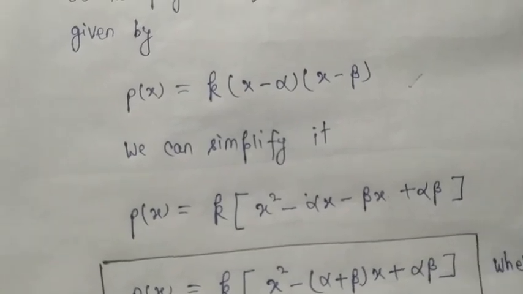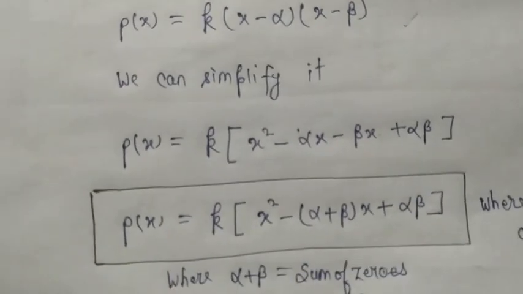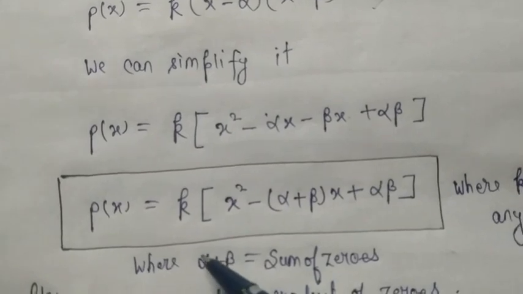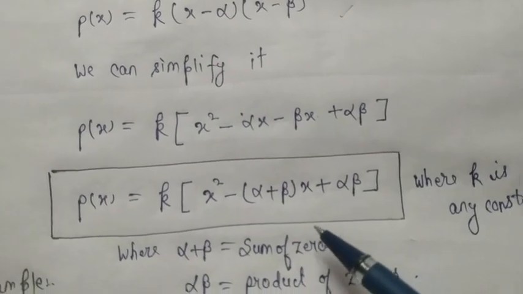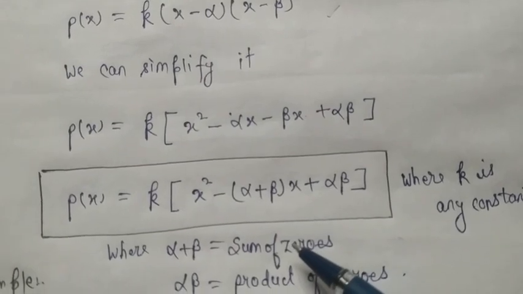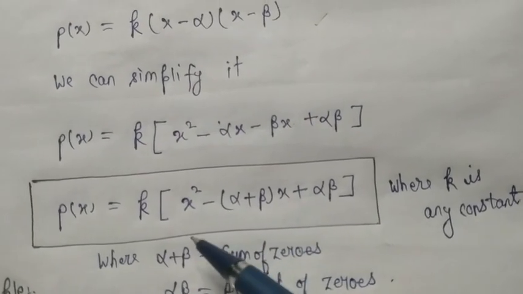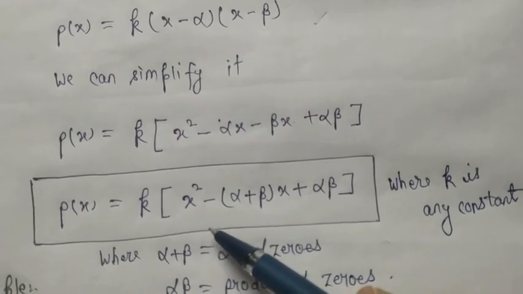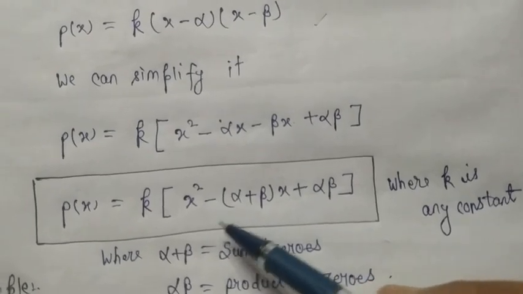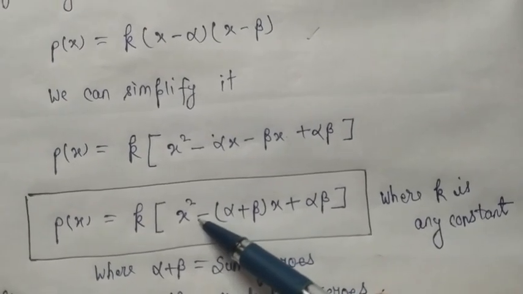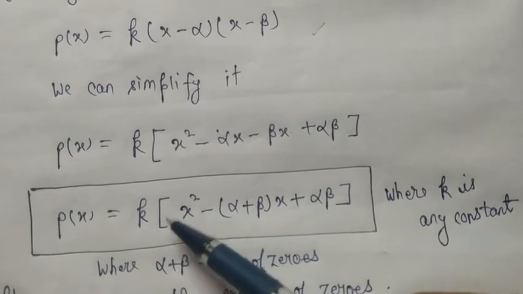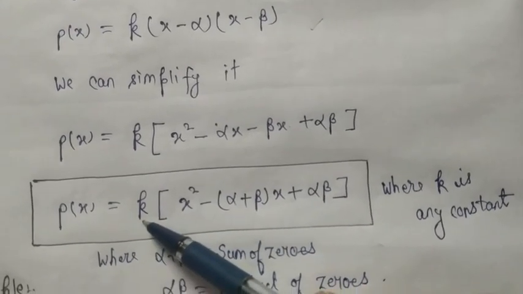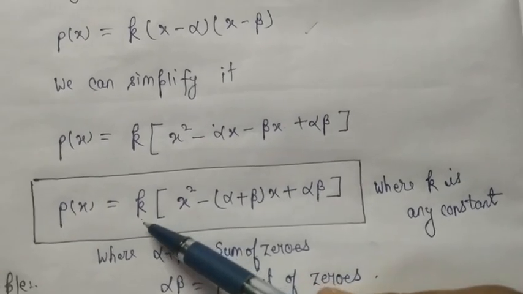Now I will write p(x) = k[x^2 - (alpha + beta)x + alpha beta], where k is any constant. You all know the coefficient of x^2 cannot always be 1, so that's why k comes here. It is just a coefficient or constant.